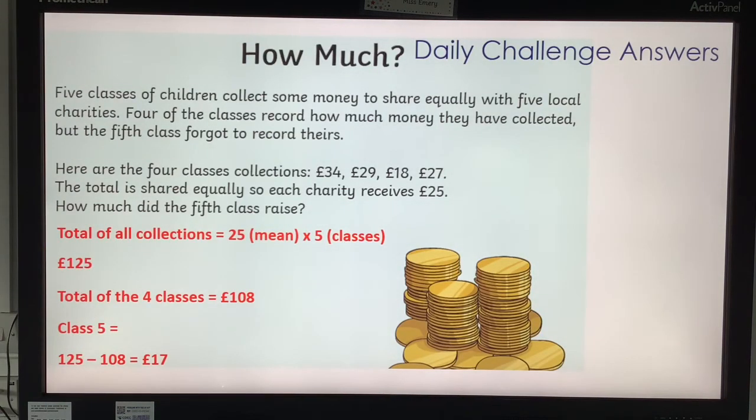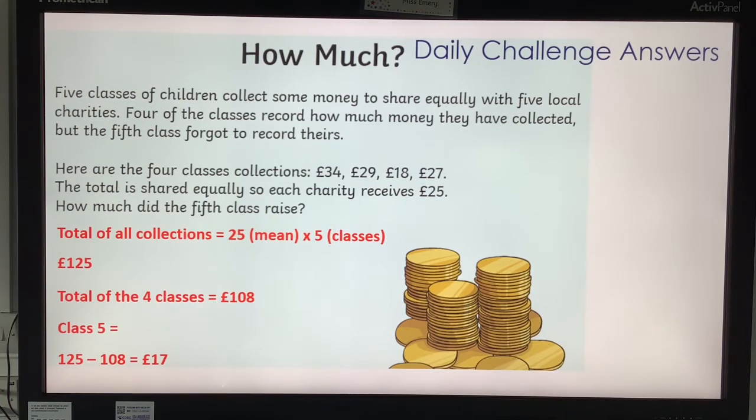So the answers. You knew the amount 4 classes collected. You also knew that they collected up all the money and shared it out equally. That's really important. You also know the total once it was shared is £25. Now we can either look at that as the total divided by the 5 charities is £25 or the mean is £25.